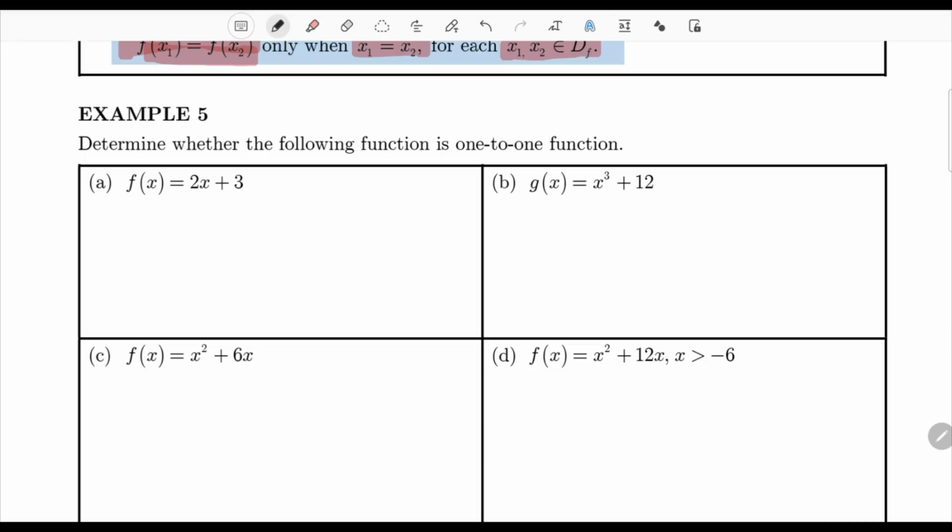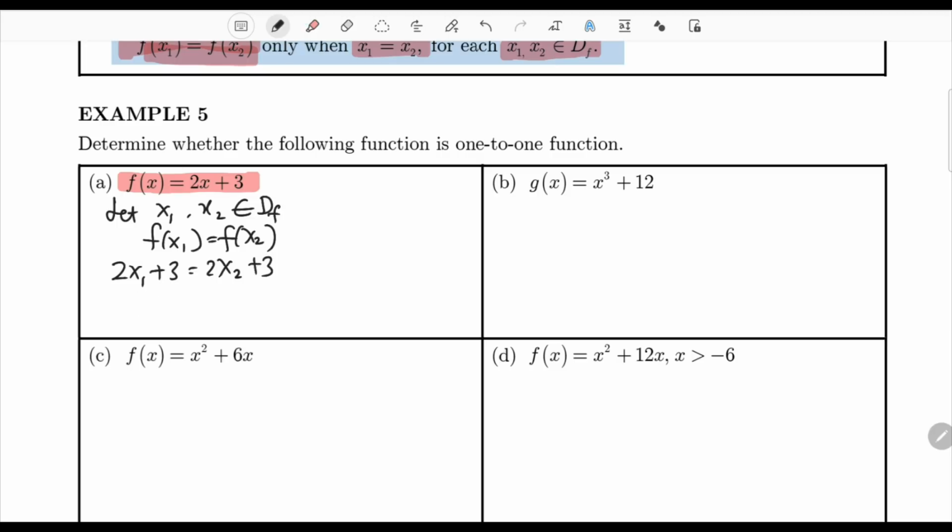Okay, so f(x) equals 2x plus 3. The first step will be: let x1, x2 be elements of the domain. So we have f of x1 equals f of x2. You just need to substitute into the given function. So we get 2x1 plus 3 equals 2x2 plus 3.